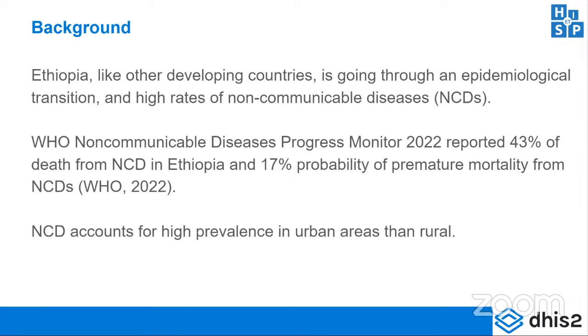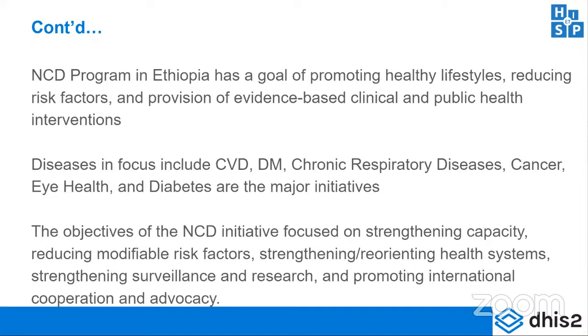On the other hand, it is shown that NCD burden is currently highest in urban areas rather than rural, but even in the rural areas, the impact is being seen. The program in Ethiopia has a goal of promoting healthy lifestyles, reducing risk factors, and providing evidence-based clinical and public health interventions.